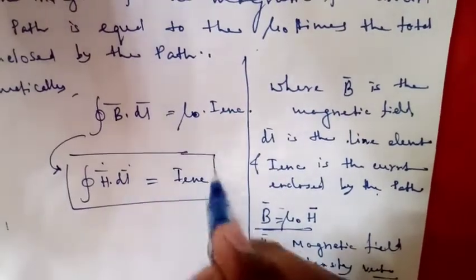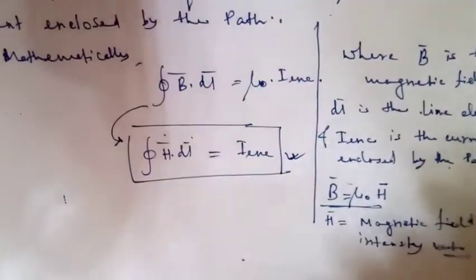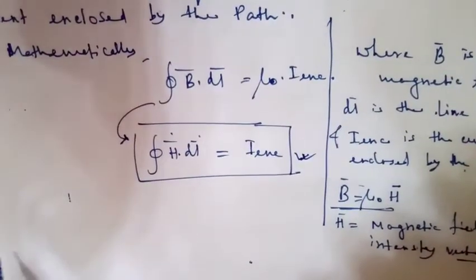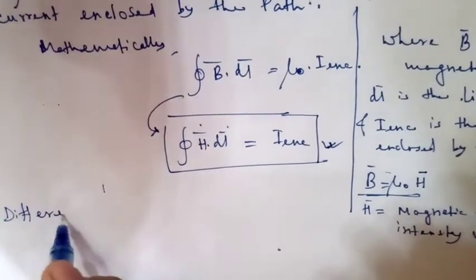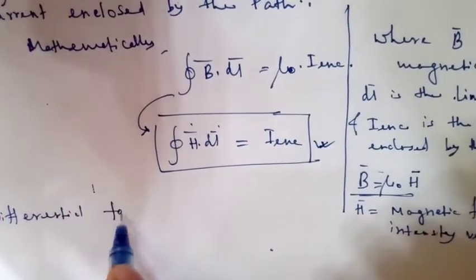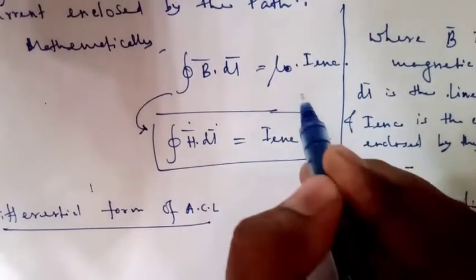This is another integral form of Ampere's circuital law. Now we want to find out the differential form of ACL. Say it is equation 1.